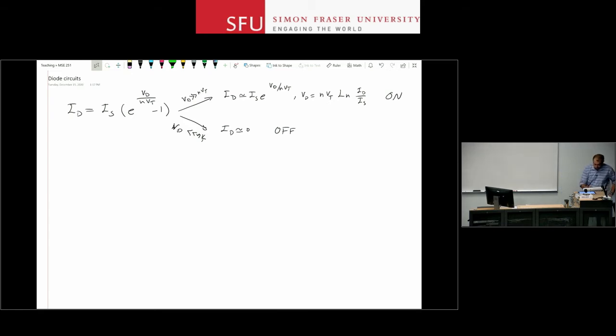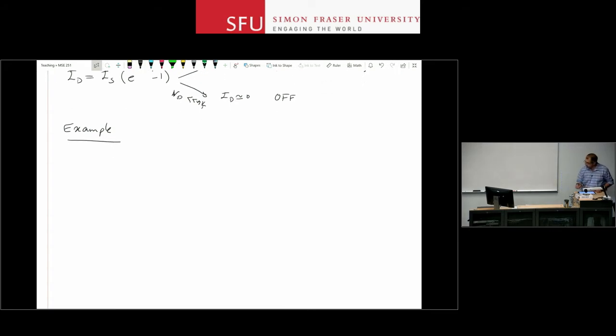So let's go through one quick example here to see how we actually solve a circuit with a real diode in it, right? So how do we figure out the IV in a real diode? So here's a circuit that we want to solve.